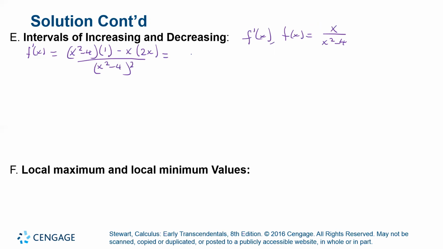Now, if you simplify this, you have x squared minus 4 minus 2x squared divided by x squared minus 4 all squared.